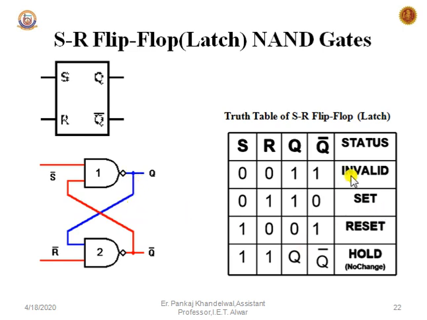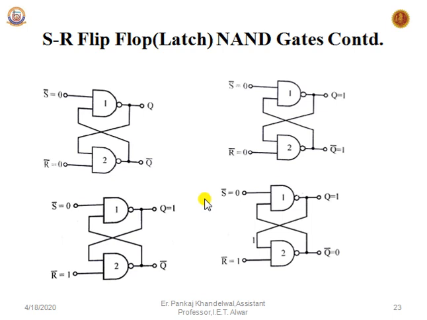And this is the truth table of the SR flip-flop or SR latch. In the first case, S equals 0 and R equals 0. When both S and R are 0, the important property of a NAND gate is that the output of a NAND gate is high when both inputs are low or one input is low.